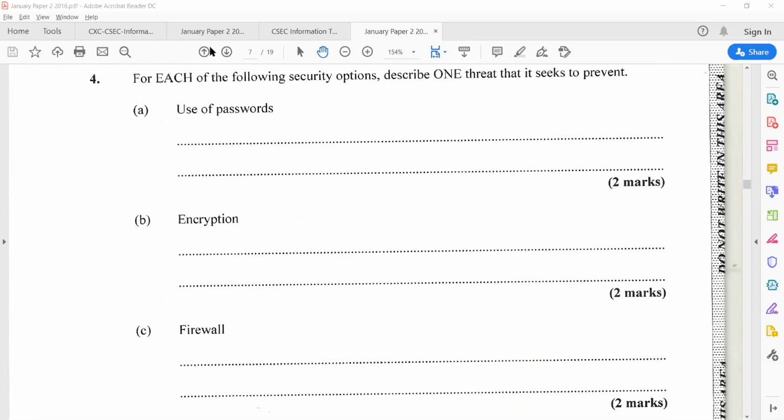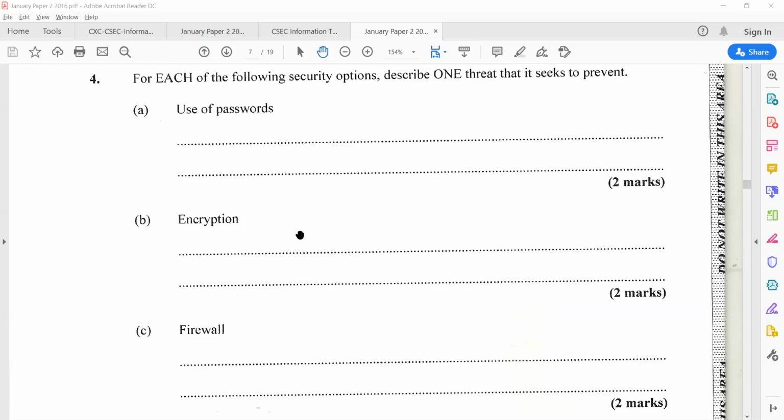All right. Let's move on to question 4. Question 4 is asking, for each of the following security options, describe 1 threat that it seeks to prevent. The first one is use of passwords. First of all, you need to understand what a security threat is.